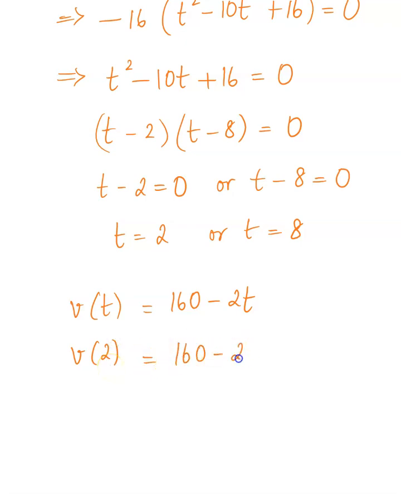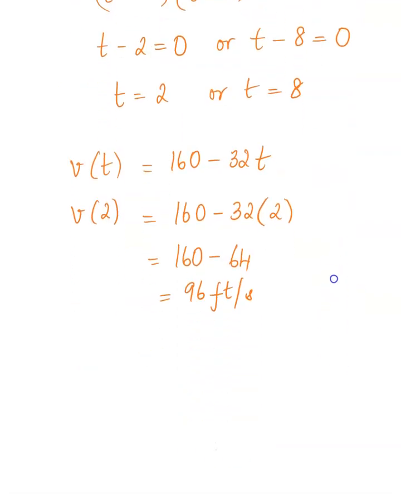So when t is 2, that was 32t. I just put the 2, or only the 2 appeared. So let me fix that there. All right. That's 160 minus 32 times 2. Okay. 160 minus 64, which is 96 feet per second.